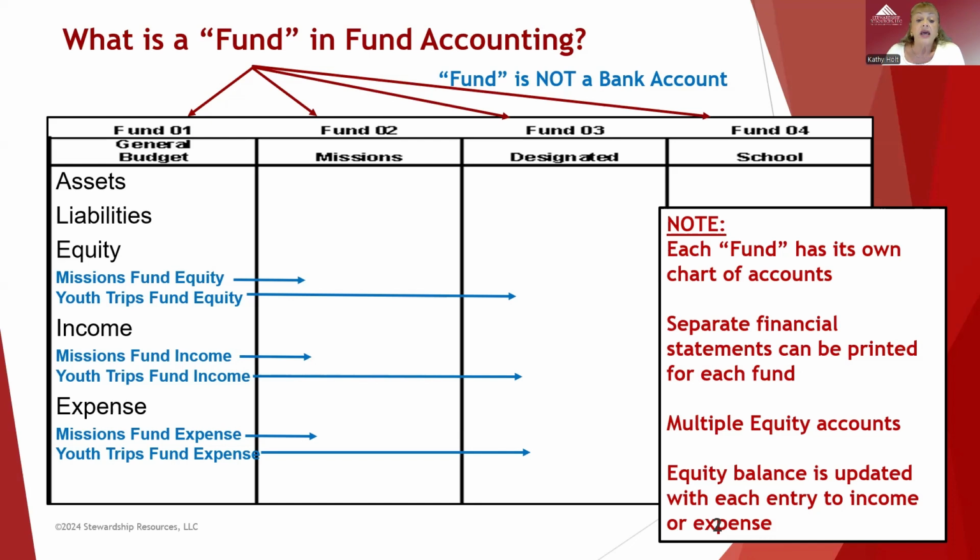Which means if you're tracking designated funds manually using an Excel spreadsheet or some other manual means, that's no longer needed. Let the program do it for you. Designated income and expense totals will show on designated fund income and expense statements because you can track them in a way other than just through a liability.